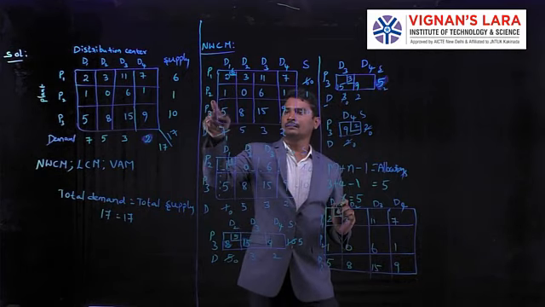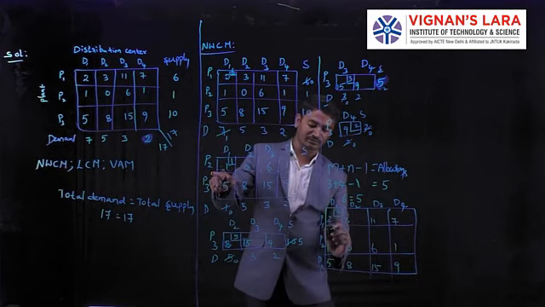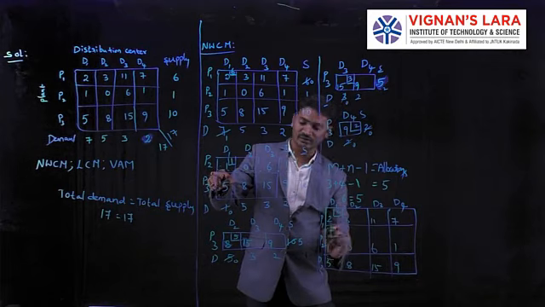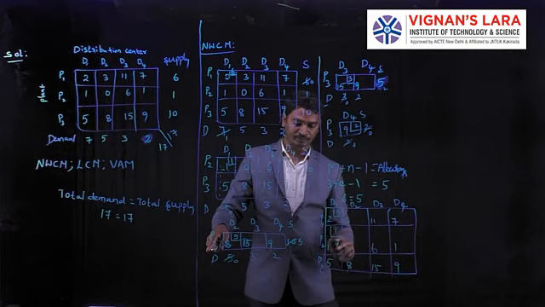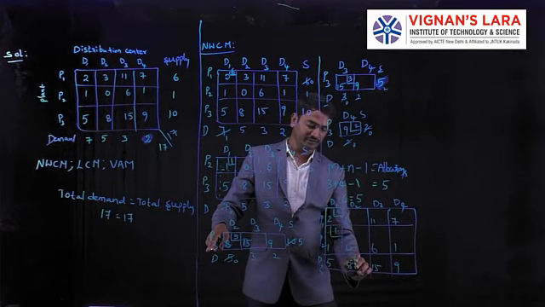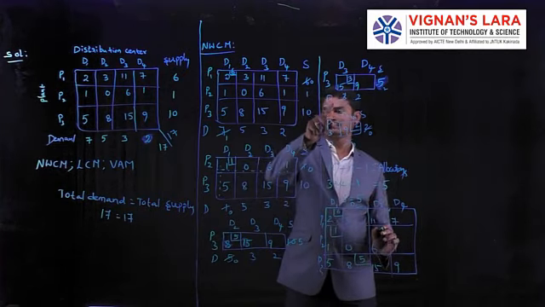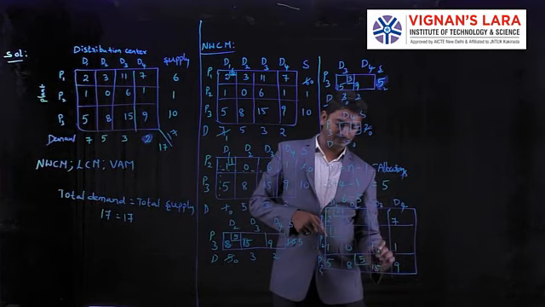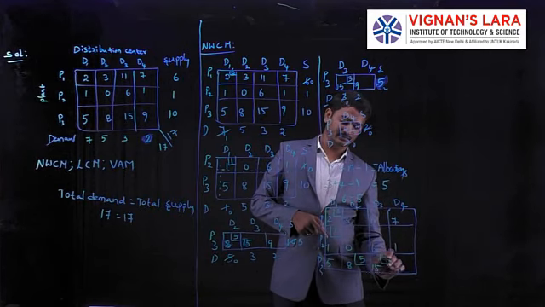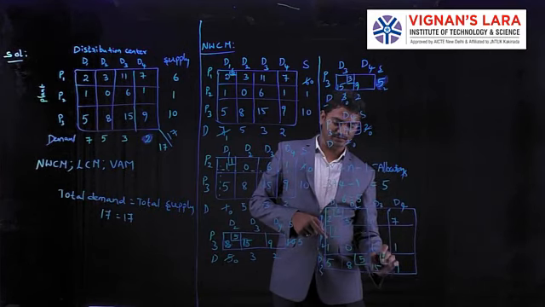Next P2 D1. P2 D1 is 1. Next P3 D2. P3 D2 is 5. Next P3 D3. P3 D3 is 3.